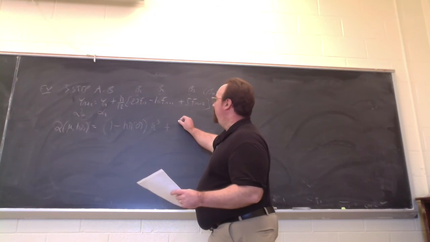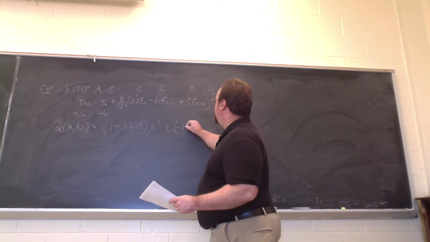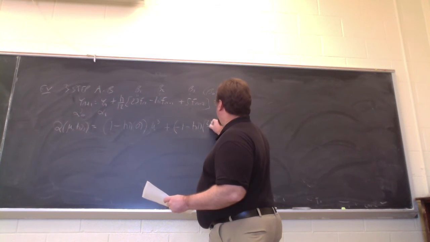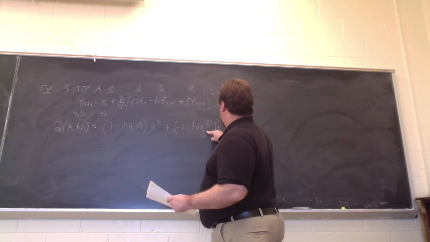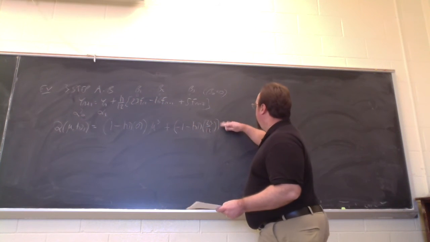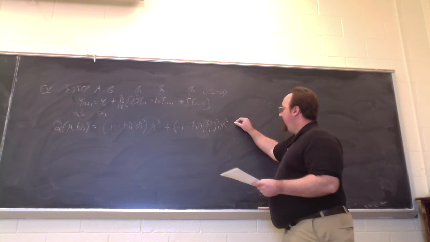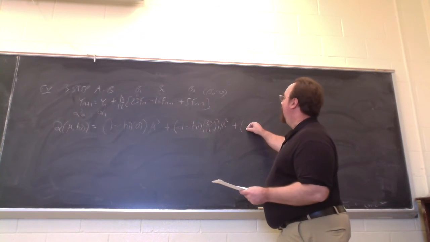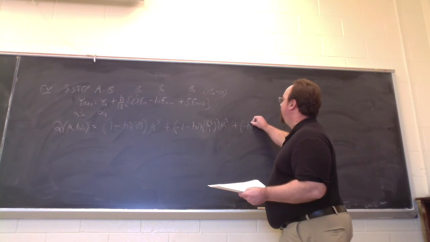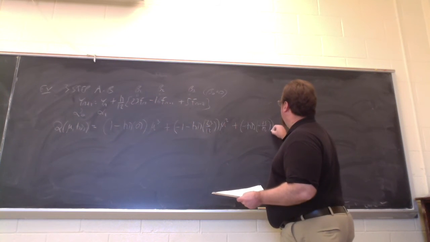Okay. Next term is index 1. So we have alpha 1, which is minus 1, minus h lambda times beta 1, which is 23 over 12, times mu squared. So you just keep knocking down the power of mu. And then there's no alpha anymore, so we get minus h lambda times minus 16 over 12 mu.